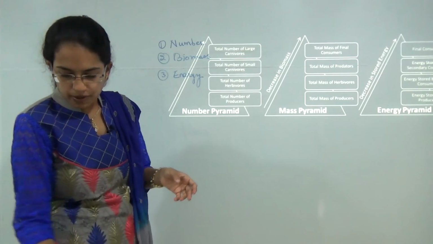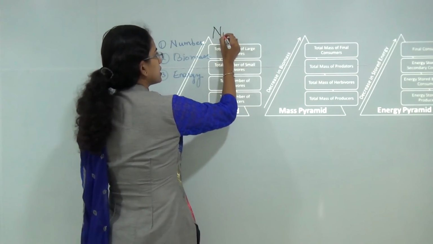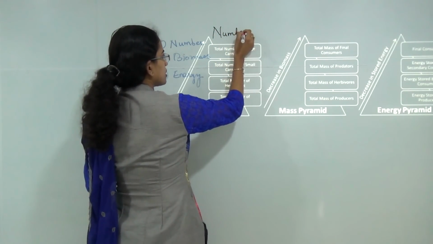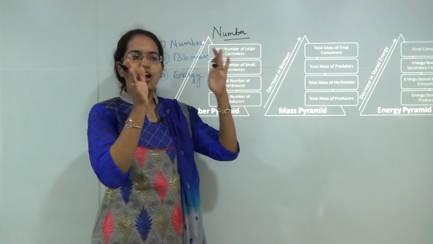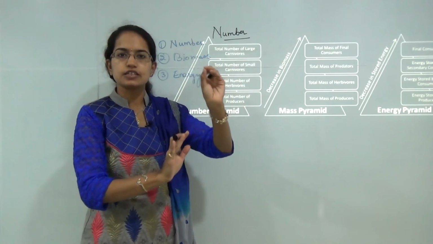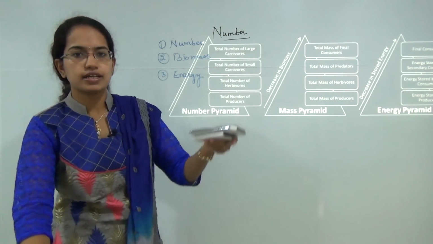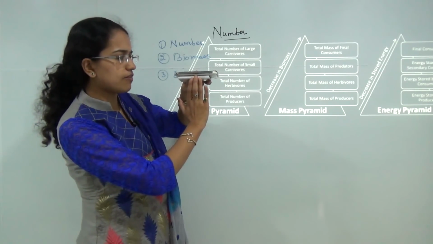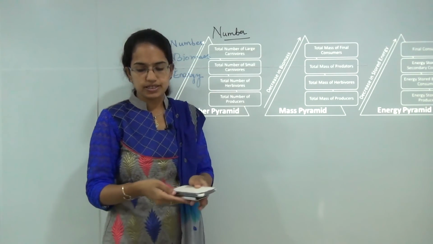When we talk about ecological pyramids of number, we focus on the individual number. As I said, in the case of upright, plants would be a lot, grasshoppers would be less, frogs would be further less, and snakes would be very few. But in the case of an inverted pyramid of number, you have few human beings and numerous lice on the human beings.